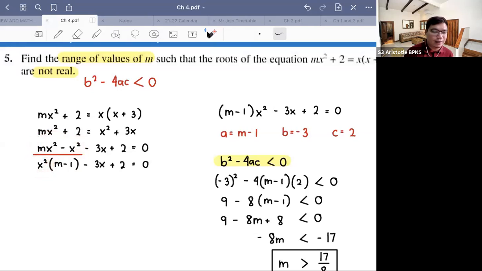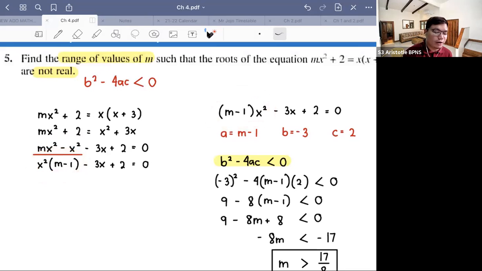It's always behind, or on the right side. On this one, of course, multiplication is commutative. That means the arrangement doesn't matter. You will still get the correct answer. So you can put m minus 1 in front of x squared like this.